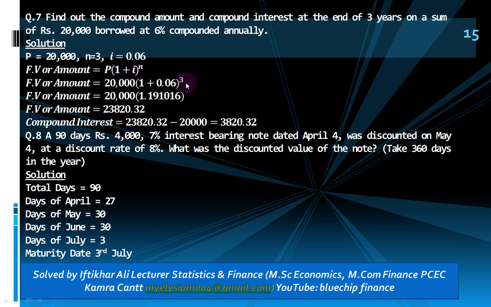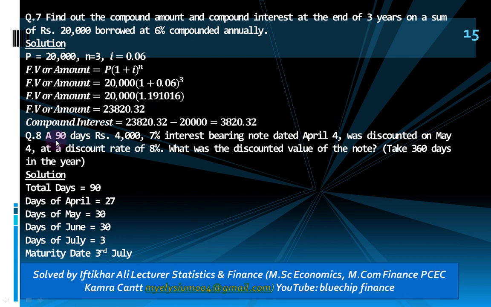So just put all these values into this formula and we can get the amount. So after 3 years at 6% rate of interest, 20,000 will become 23,820.32, and compound interest we can get just by subtracting these two values, and the remaining amount is compound interest.